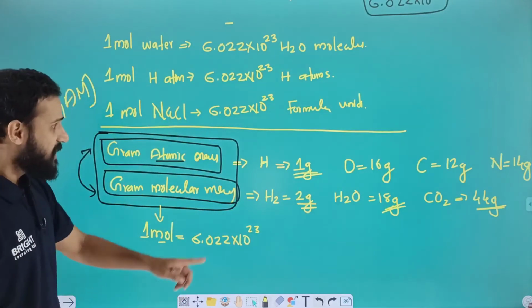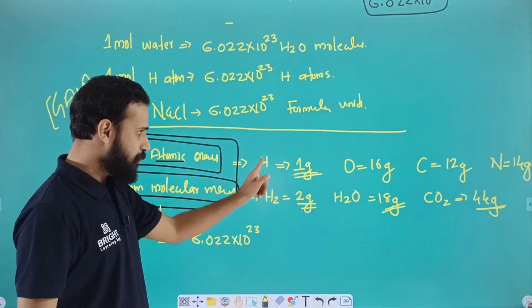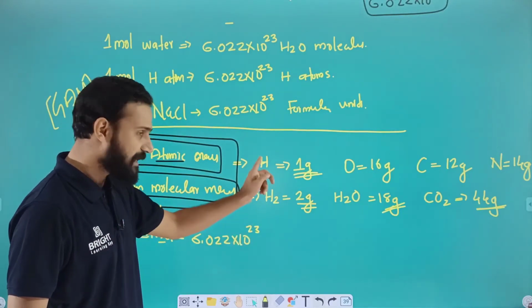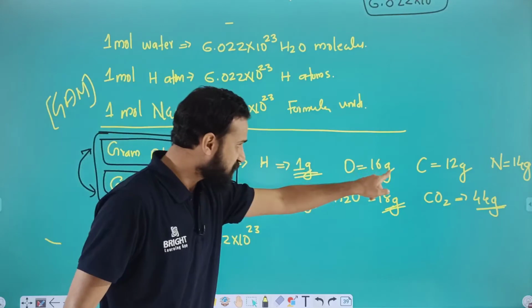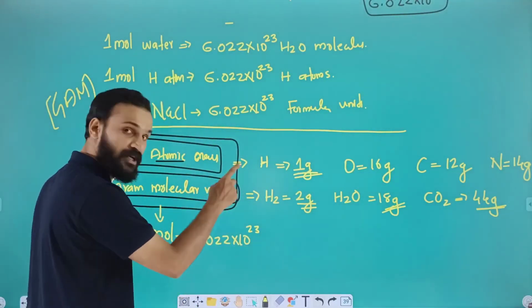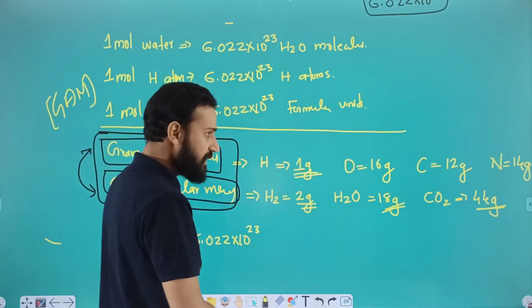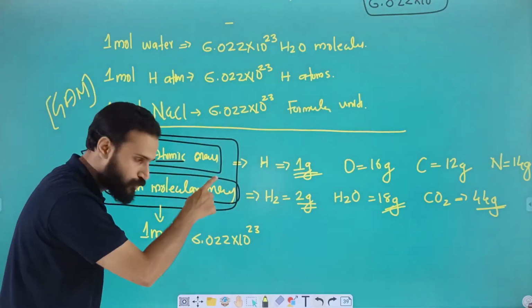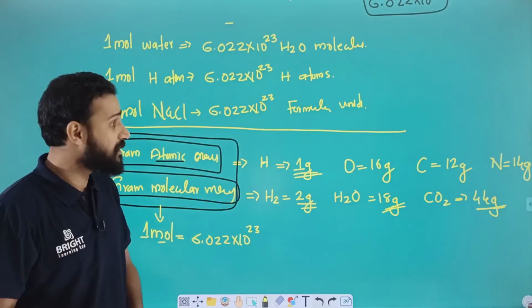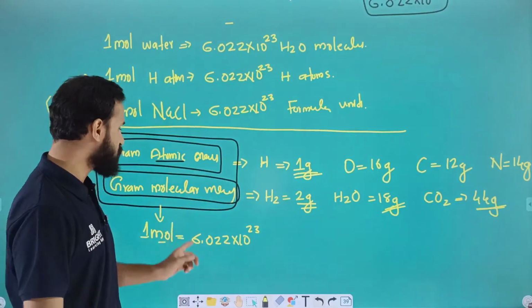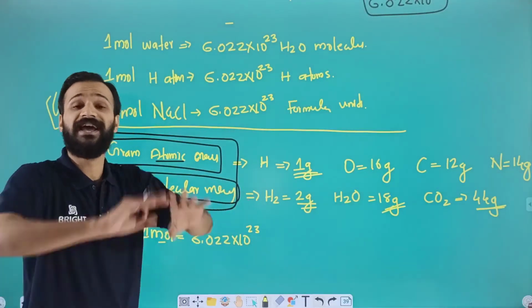That means if you are taking 1 gram of hydrogen, it will contain 6.022 into 10 raised to 23 hydrogen atoms. If you are taking 16 gram of oxygen, it will contain 6.022 into 10 raised to 23 oxygen atoms. If you are taking 12 gram of carbon, it will contain 6.022 into 10 raised to 23 carbon atoms. If you are taking 14 gram of nitrogen, we will get 6.022 into 10 raised to 23 nitrogen atoms.